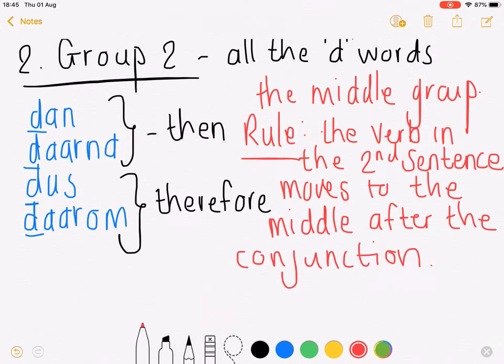So, the middle group means the verb in the second sentence moves to the middle of the sentence after the conjunction. You got that? Right. Let's look at an example.